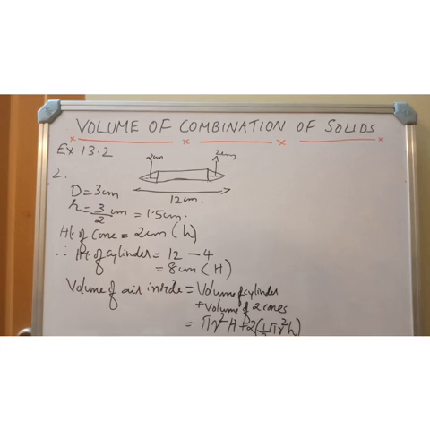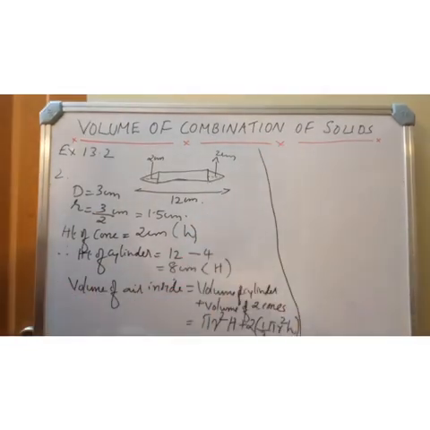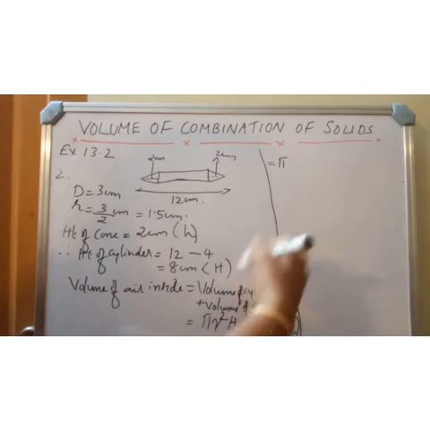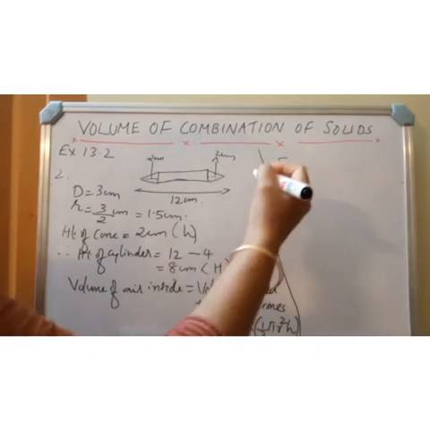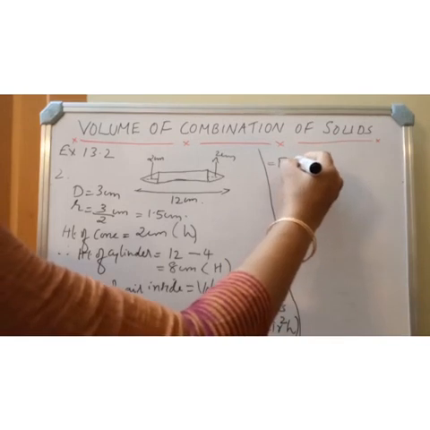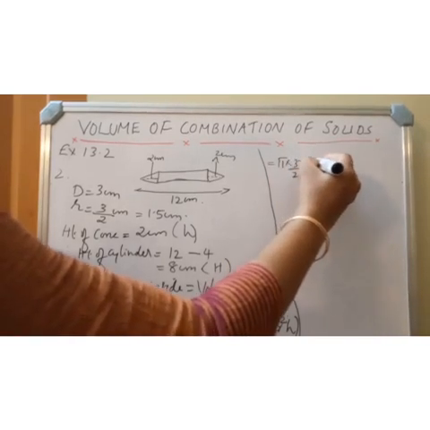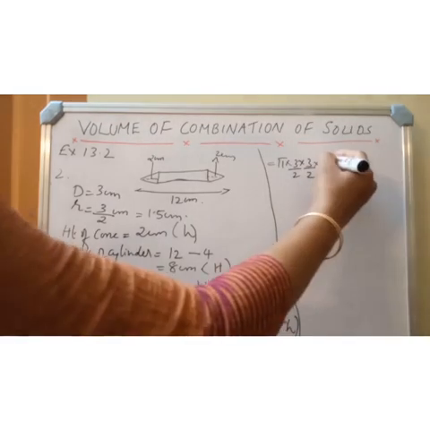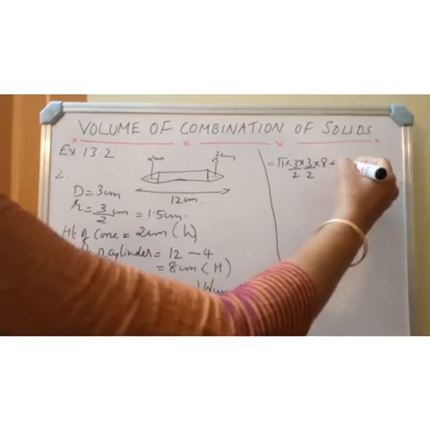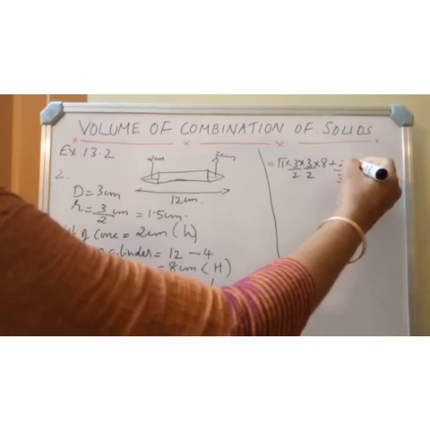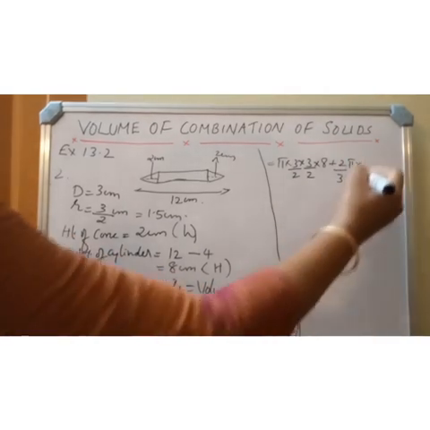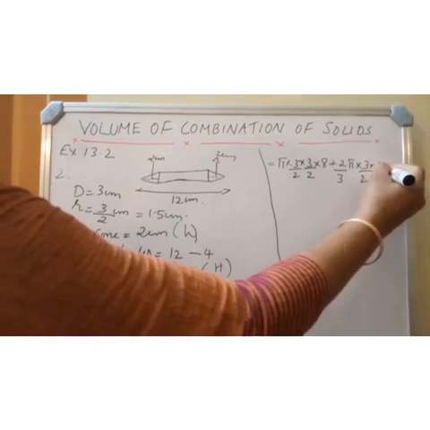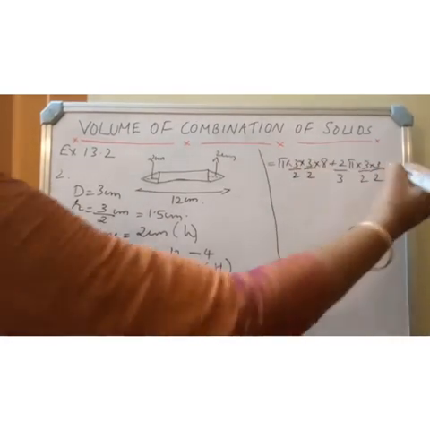You have to find out in terms of pi. Then finally that pi value you have to write as 22 by 7. So we can write this as pi into r square, r is the same, 1.5 or 3 by 2 into 3 by 2, into capital H 8, plus 2 by 3 into pi into r square, 3 by 2 into 3 by 2, into what is our h value here? 2.